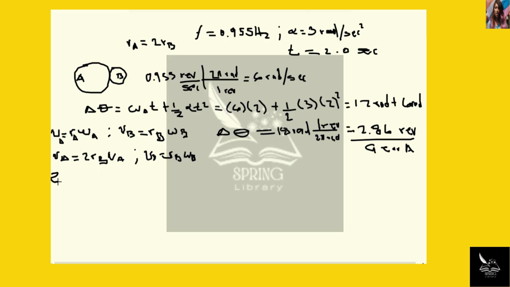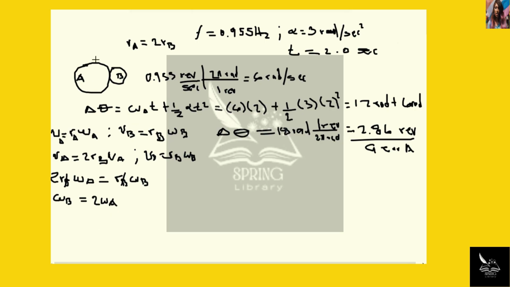So we can just set these two equal, and since RB and RB are the same, we find that the angular velocity of gear B is equal to 2 times the angular velocity of gear A.